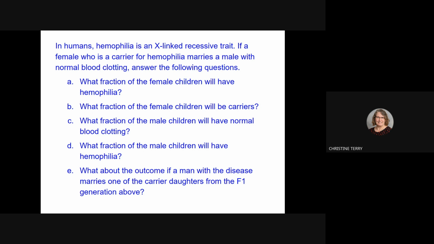If it's the next question, well, if I'm looking at female children, half are carriers, half are not.